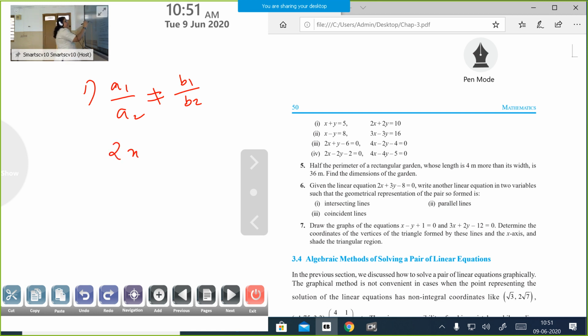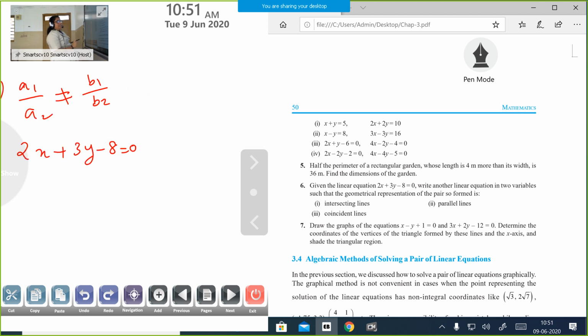Our given equation is 2x plus 3y minus 8 is equal to 0. Then the corresponding equation for intersecting lines is 3x plus 5y plus 7 is equal to 0. These two lines are intersecting.